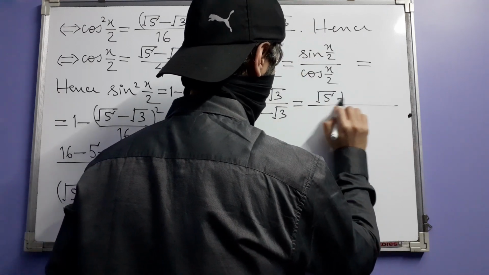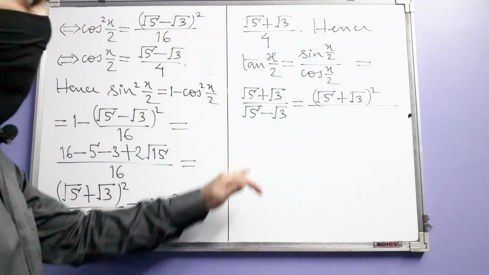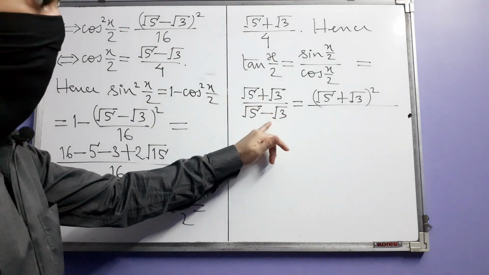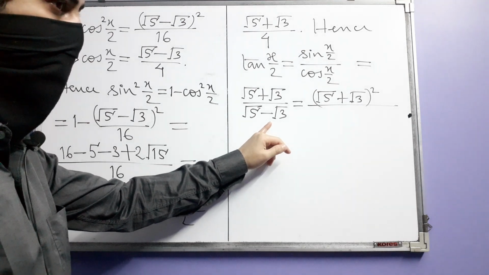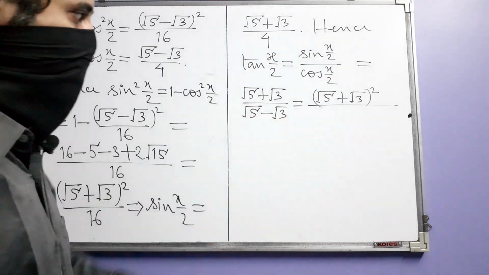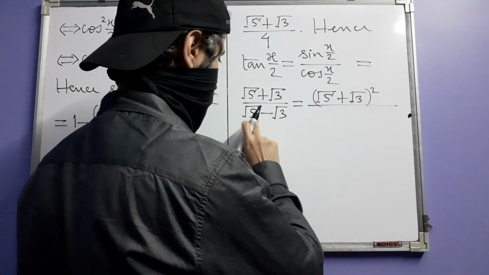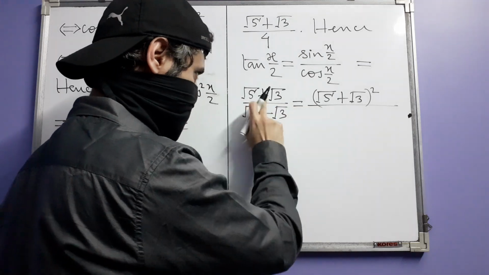So what you do to rationalize the denominator, you multiply and divide by the, I forgot its name. Is it called rational conjugate? Something it is called. That conjugate word is there, which is just you replace this by the other expression which has plus here. That means this one.